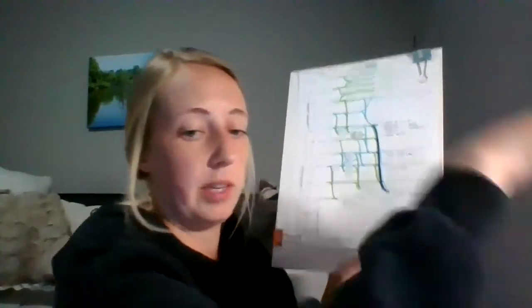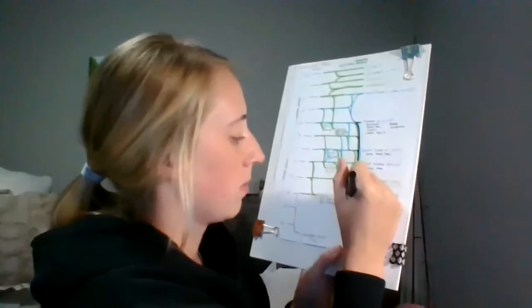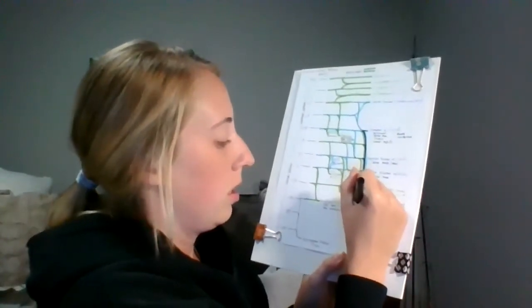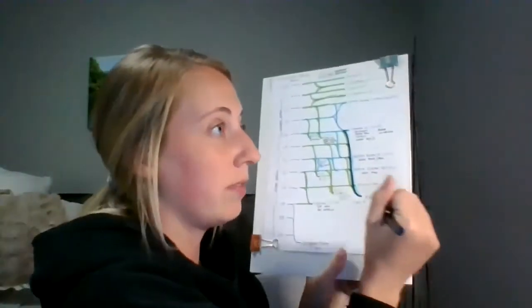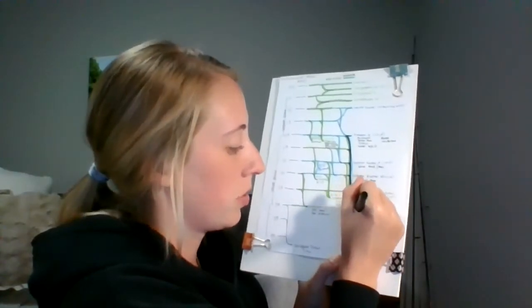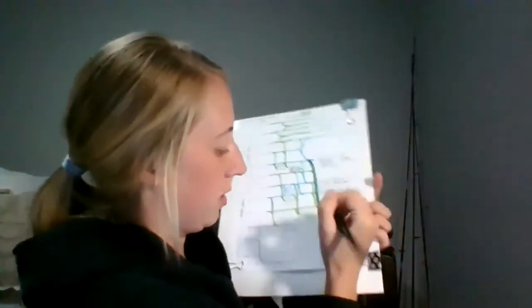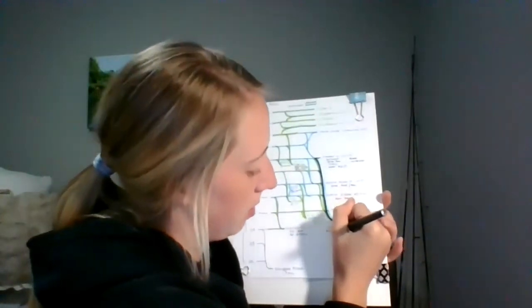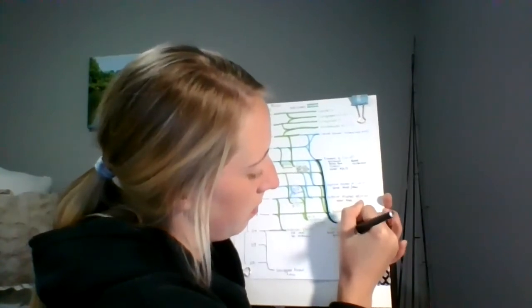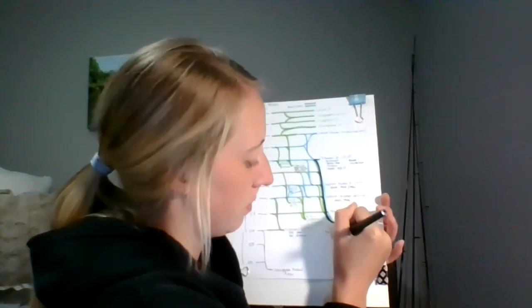The tibial nerve has the triceps surae, made up of the gastrocnemius and the soleus.